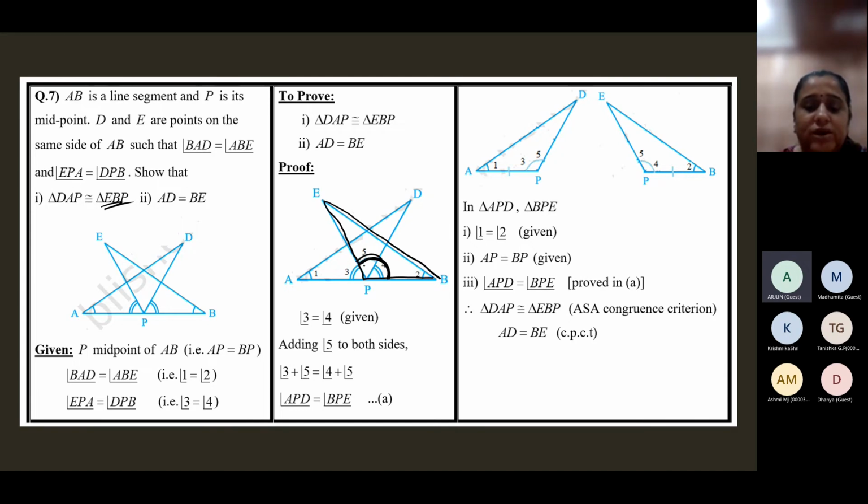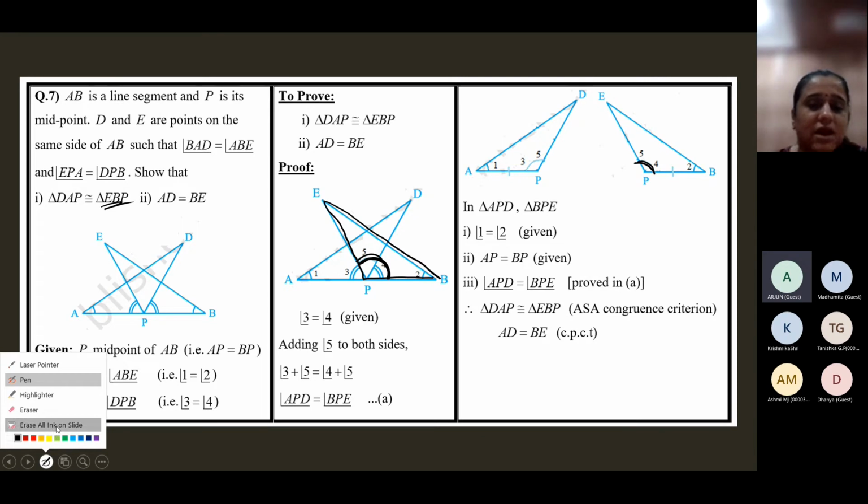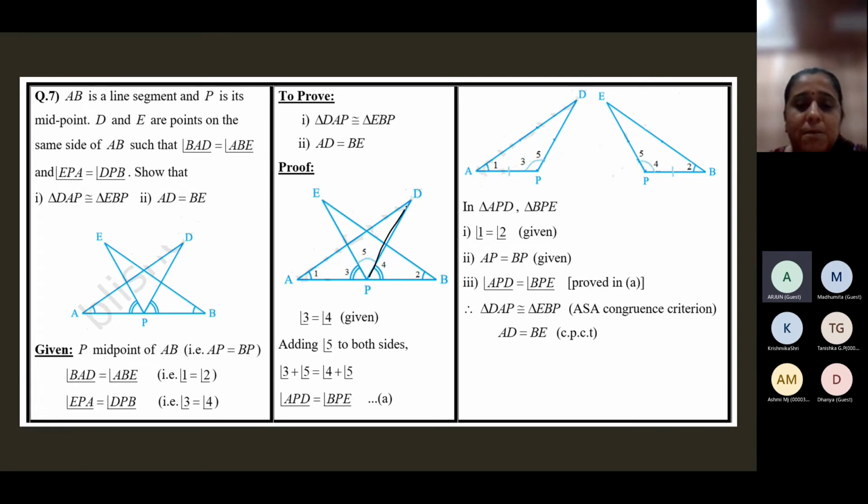That is 4 and 5 together make this angle. Angle EPB is 4 and 5 together. We won't say that PD bisects this angle. There is a line segment PD going through this angle. That's all. Please continue, Tanishka.